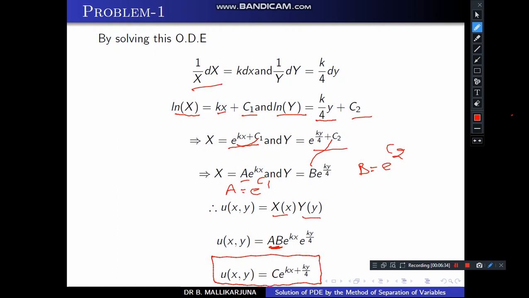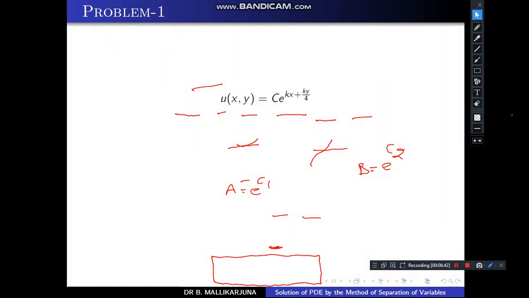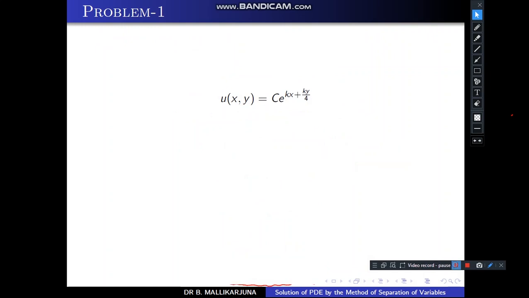Suppose for the same partial differential equation a condition is given, like u of 0 comma y is equal to 8 e power minus 3y. Here x is equal to 0, so we replace x by 0 in the solution.